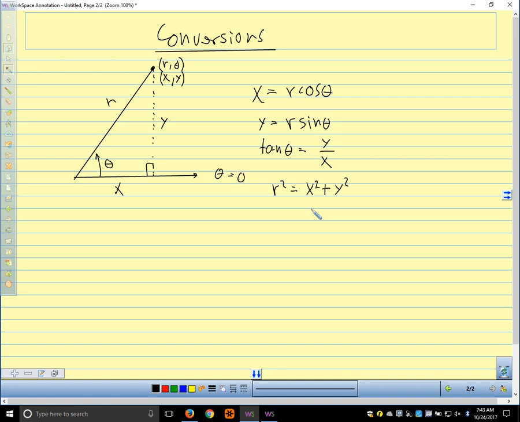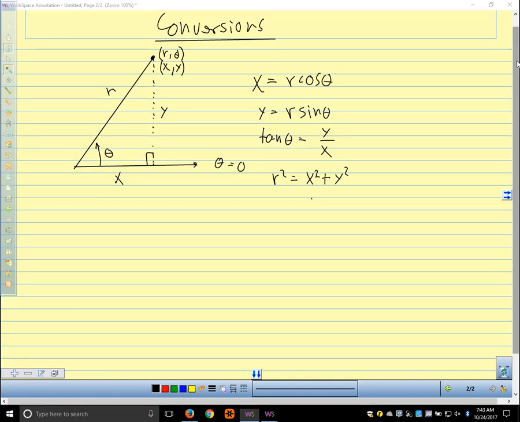So let's do some conversions. First, we'll convert some points, and then we'll talk about graphs and equations. So we have that (r, theta) is (2, pi over 6). We want to convert to rectangular. Going to rectangular is usually the easiest. x equals r cosine theta.